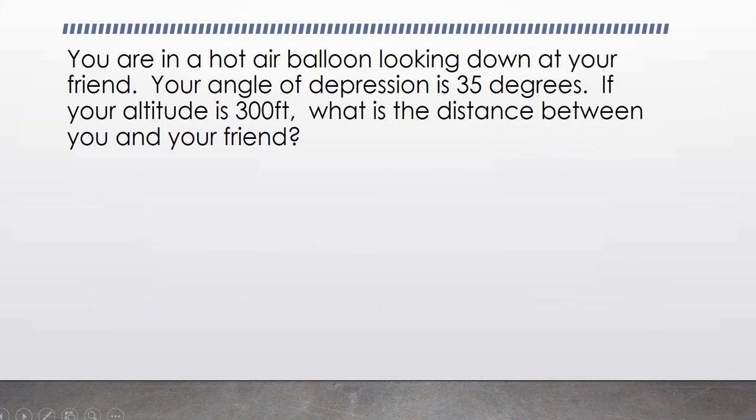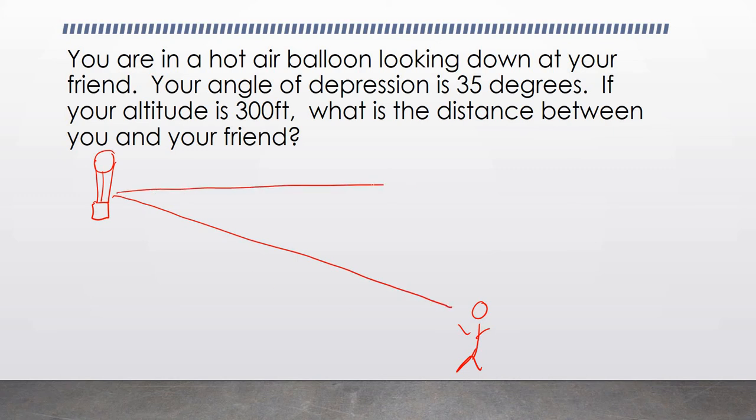So here's another one. You're in a hot air balloon. So you're up here floating in the sky, a little basket, right? So that's a balloon, looking down at your friend. So your friend is down here. As you look down, your angle of depression is 35 degrees.